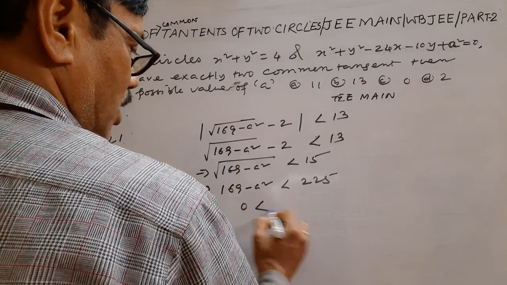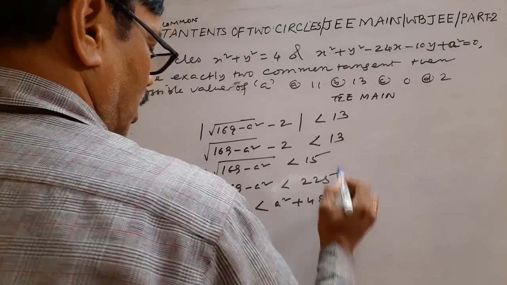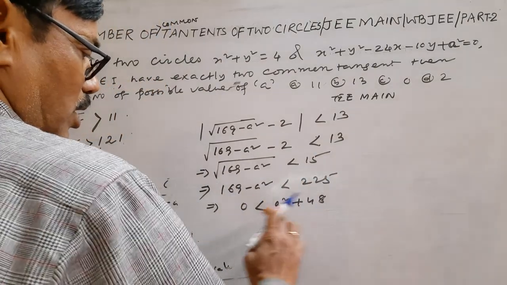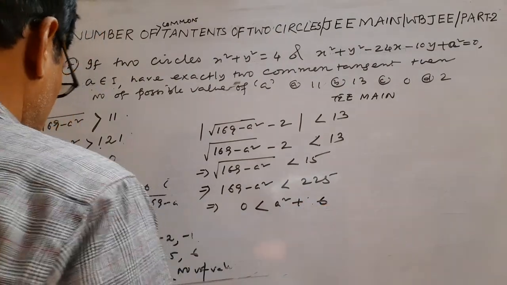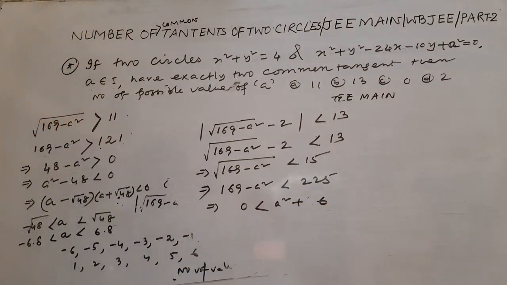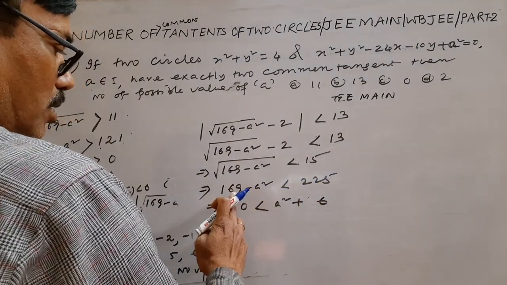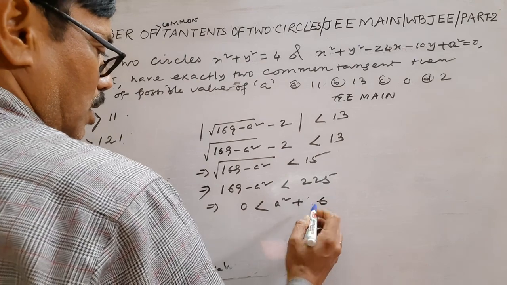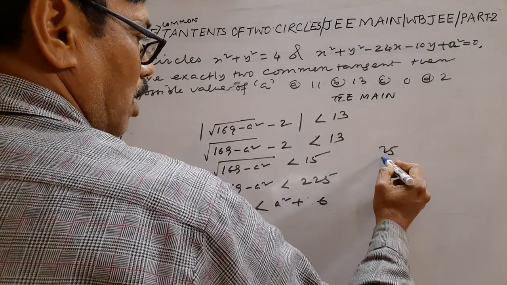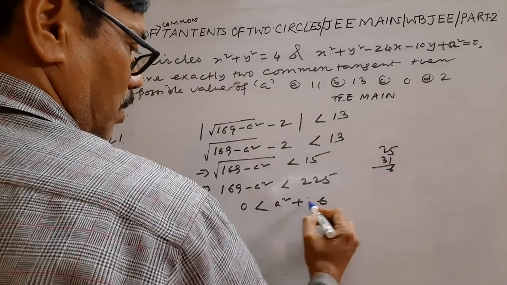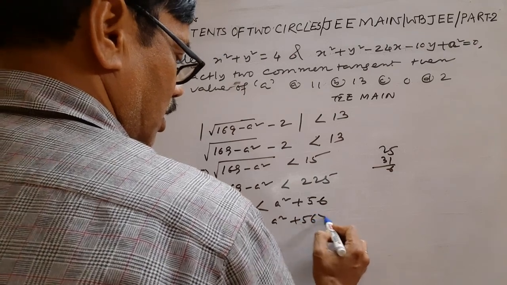So 0 less than a square plus 56. So a square plus 56 greater than 0.